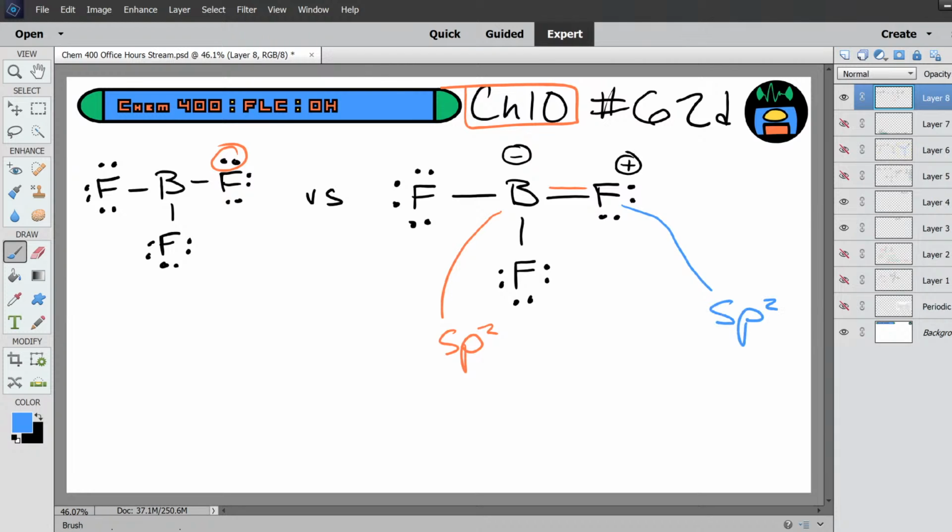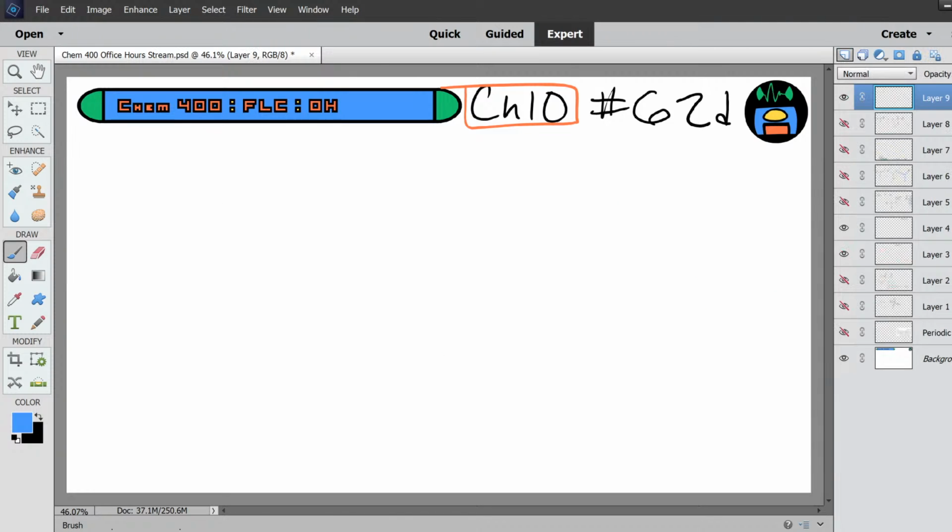Now, should you choose to draw this Lewis structure and then use it for the 3-dimensional orbital picture, if you base it off of this one, things are going to look slightly different. So again, I'm going to just redraw something right here.